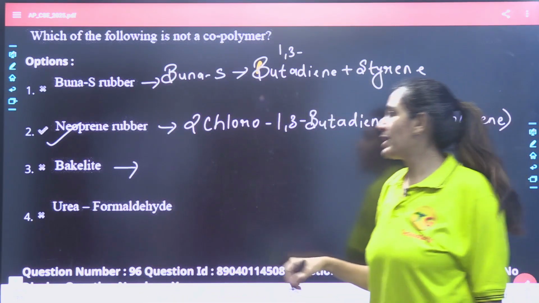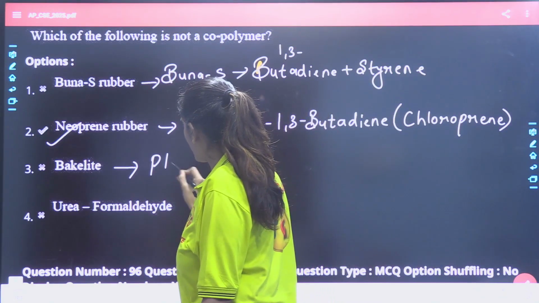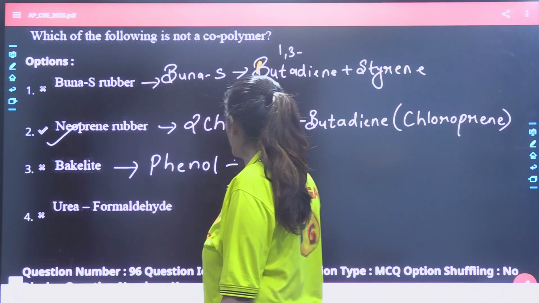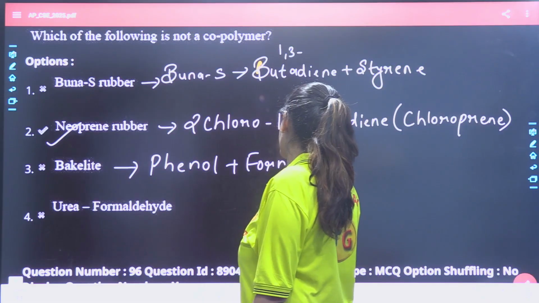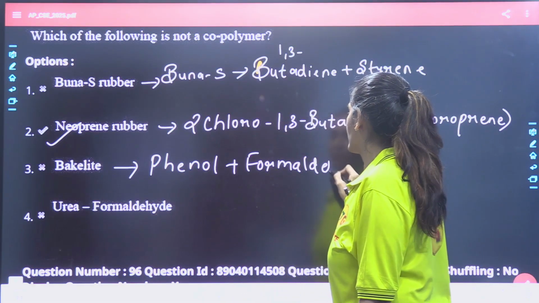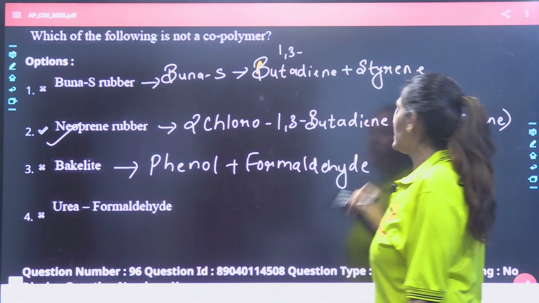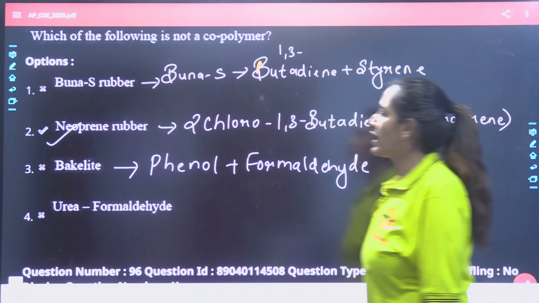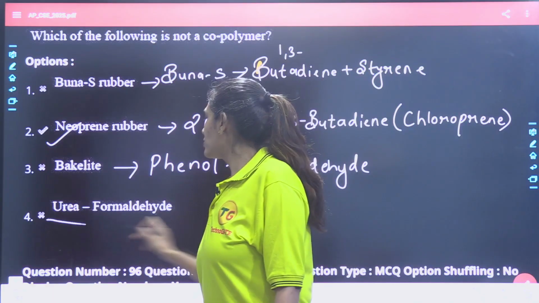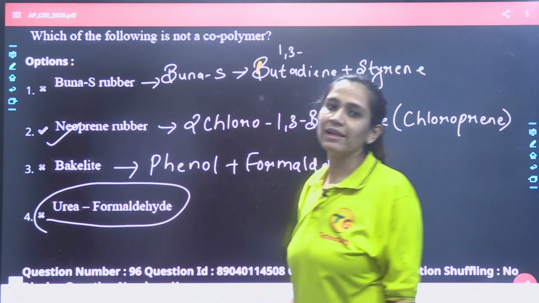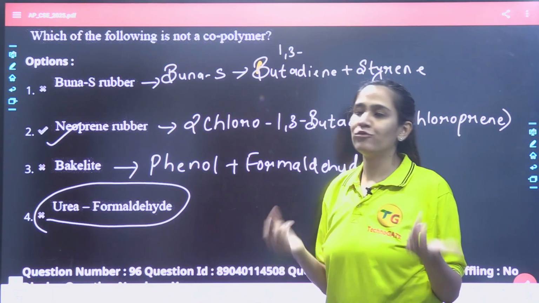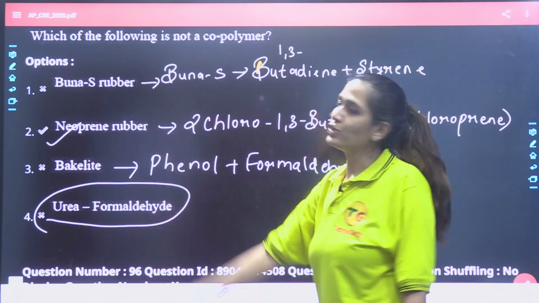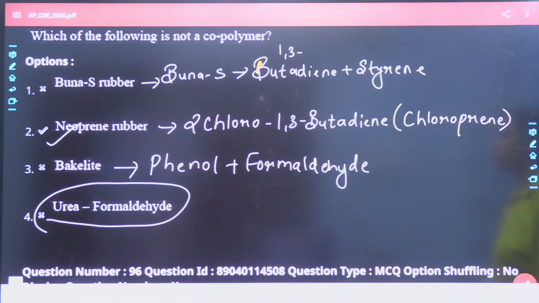Bakelite is again a copolymer of phenol and formaldehyde. And urea formaldehyde, as already given in the name itself, is a copolymer of urea and formaldehyde. So the correct option would be neoprene rubber. It is not a copolymer.